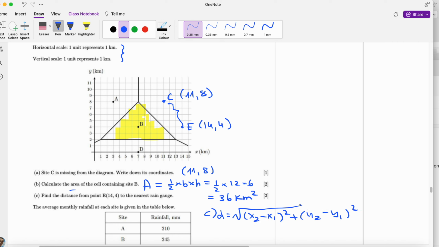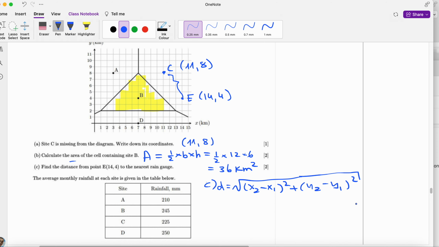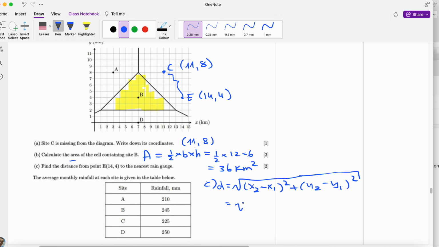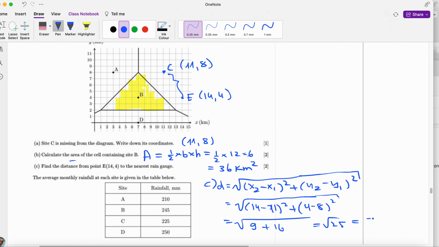It's just the difference between the x's and the y's, which is just a Pythagorean theorem thing. So we're going to have 14 minus 11 squared, plus 4 minus 8 squared. This is 9, and minus 4 squared is 16, so this is root 25, which is of course 5. So that distance is 5.